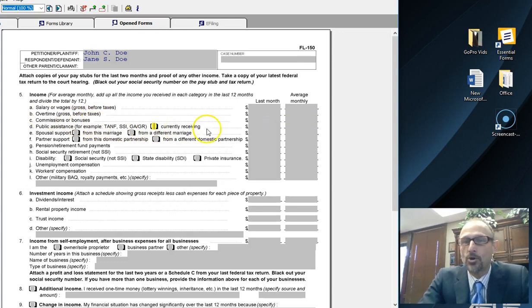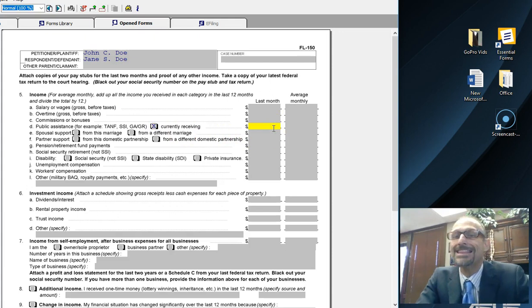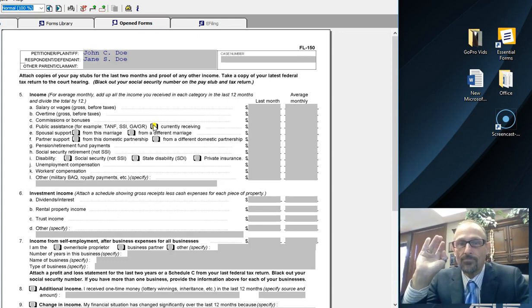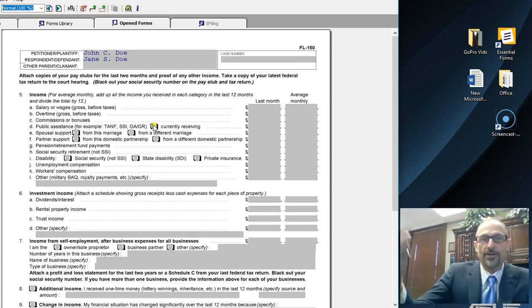Public assistance. If you are on public assistance, you're going to want to mark currently receiving, and put your income in that box. If you are receiving partner support, either from a domestic partnership or from a different marriage, well, hold on, there's boxes for both.